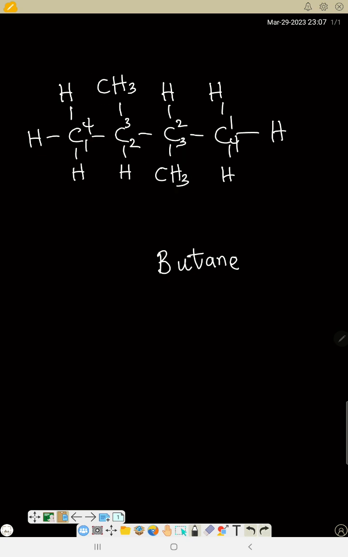This methyl, that means I have dimethyl here. Di is di. Now why is it dimethyl? This is one methyl, this is another methyl, so that is dimethyl.